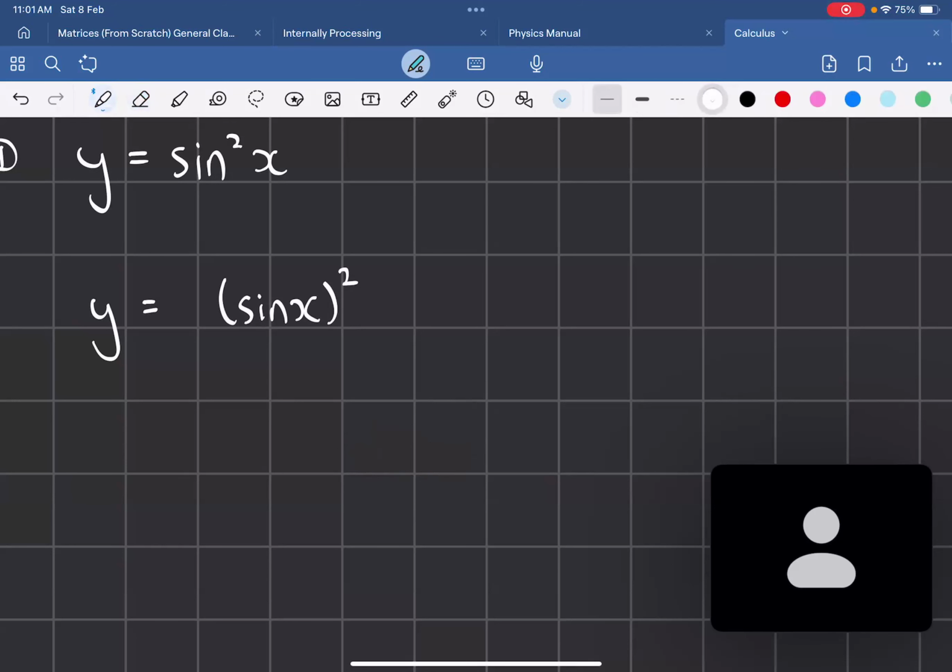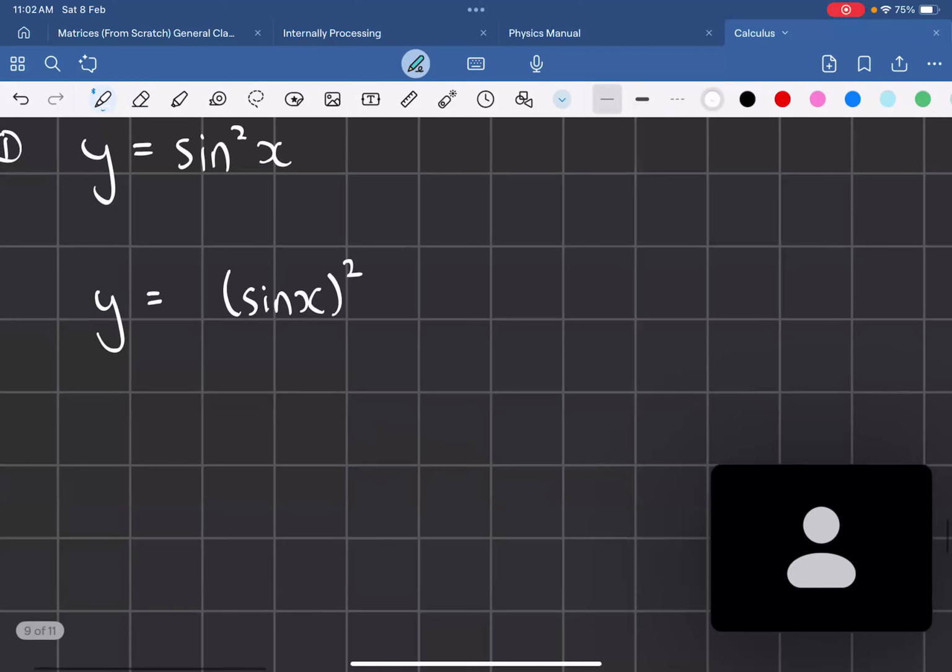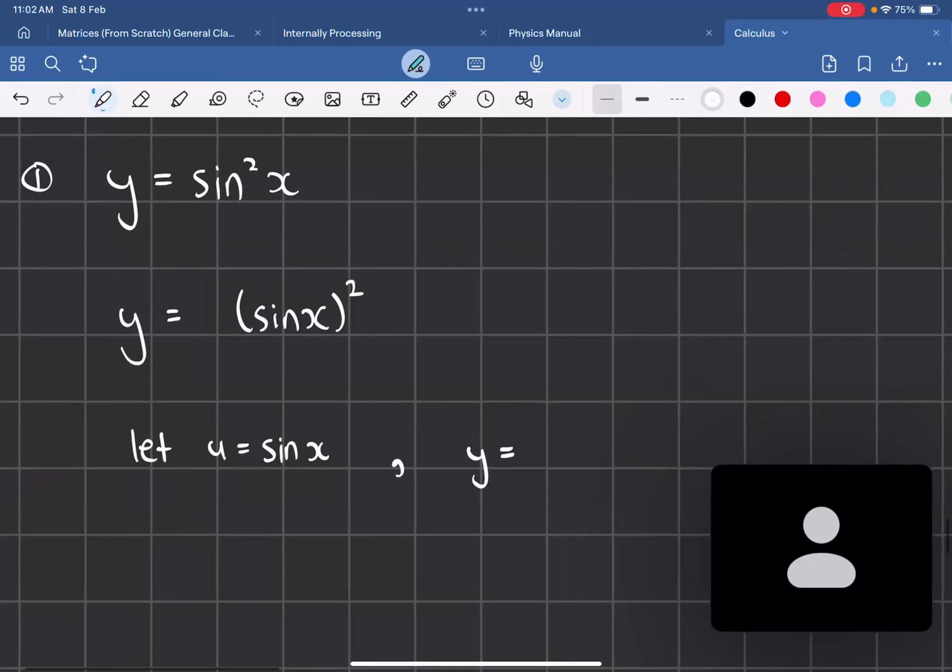So here, in this case, we're going to say, let u be equal to sine x. And Kiara, if u is equal to sine x, what would y be equal to? Now be very careful. What do we say sine x was equal to?